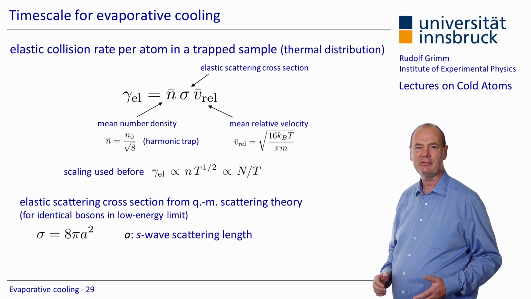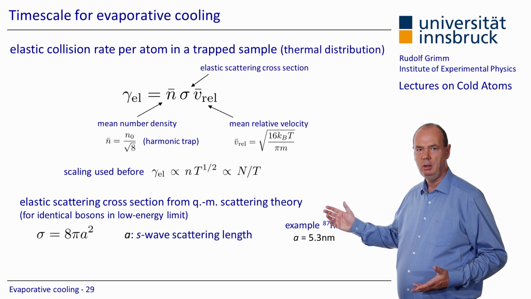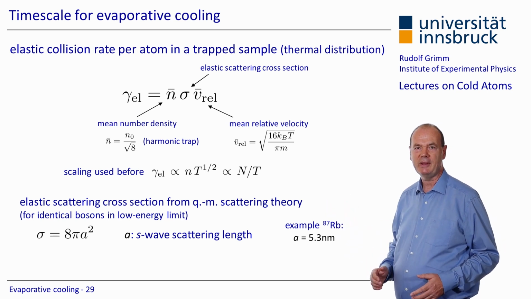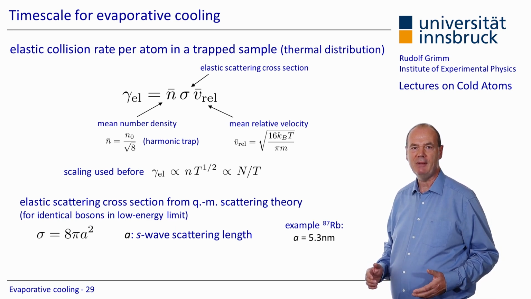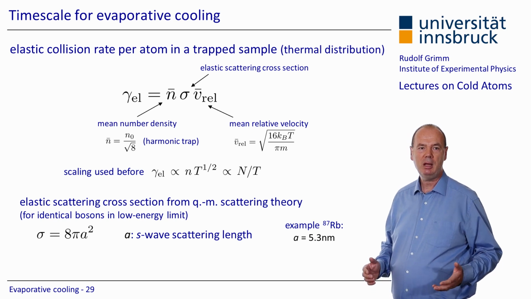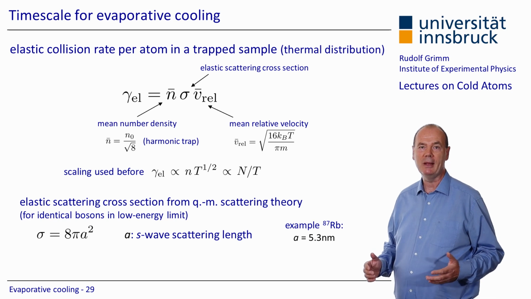The latter is the length scale that characterizes the quantum mechanical interaction. To give an example, for rubidium-87, the scattering length has a value of slightly more than 5 nanometers. This is a typical value for the interaction between ultra-cold atoms. But depending on resonance properties, it can be much smaller or much larger.